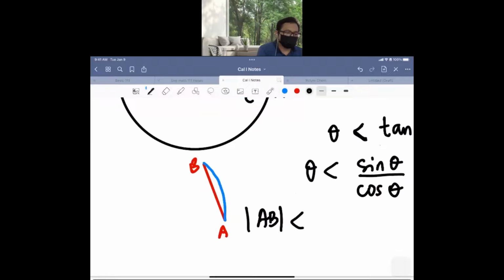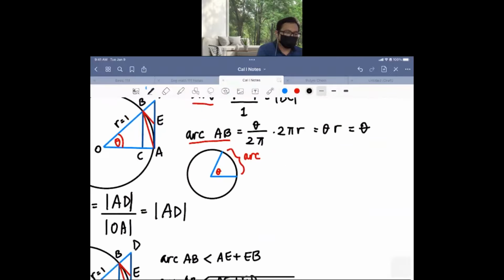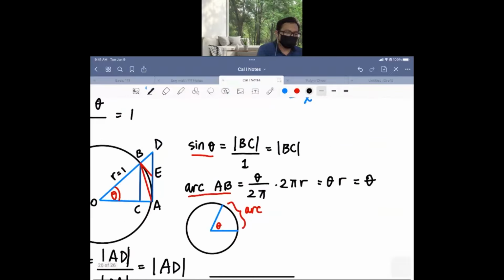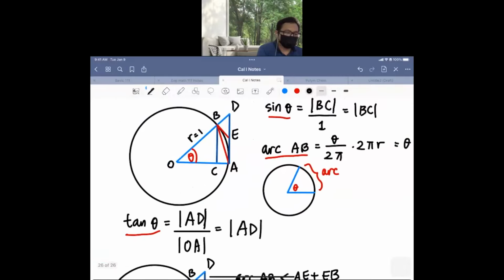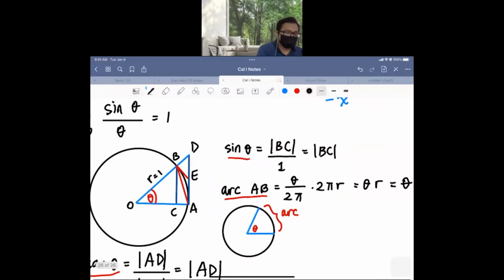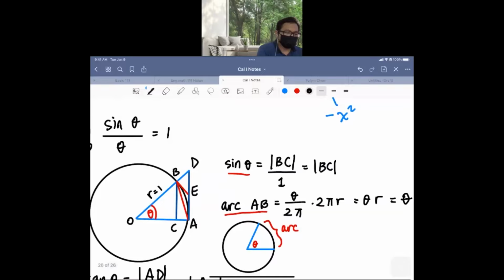So AB is less than arc AB, which means AB is our sine. Wait, AB. BC, AB.